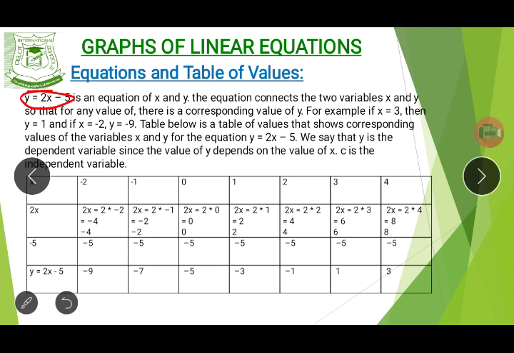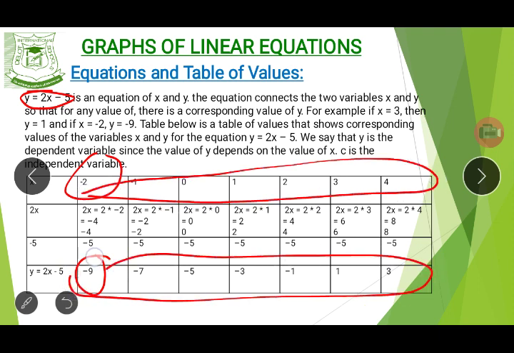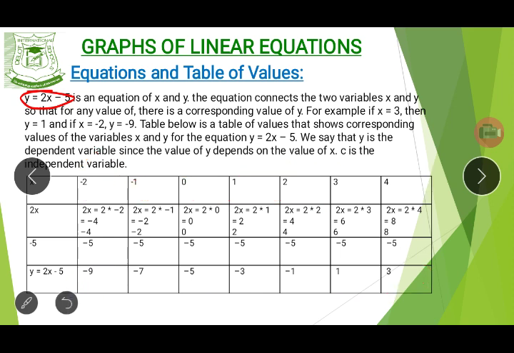So the table below shows the corresponding values of the variables x and y. That is how the values for x determine the values for y. Okay, all these values for x, how they determine all these values for y. All right, that's what we're going to be looking at inside this table now for this particular equation, y equals 2x minus 5.